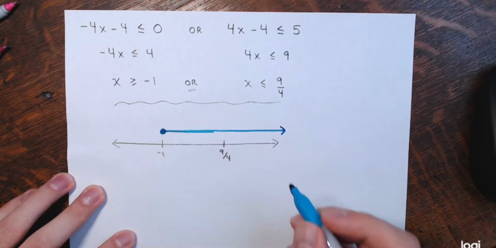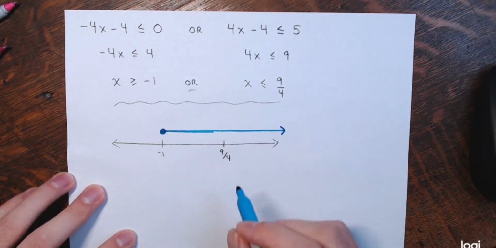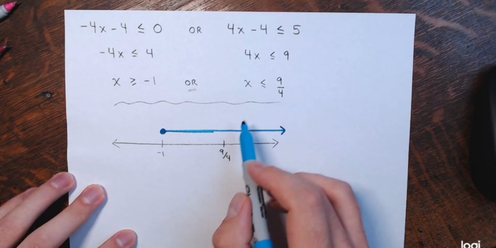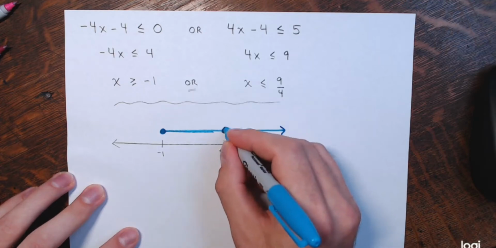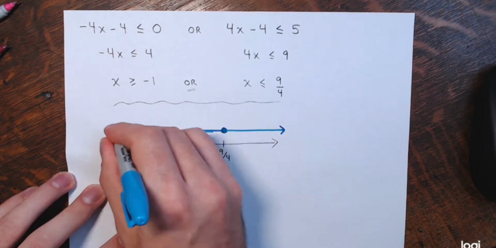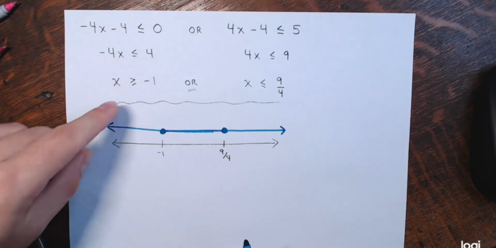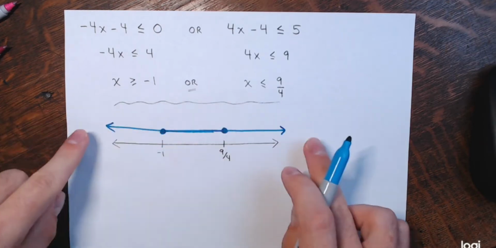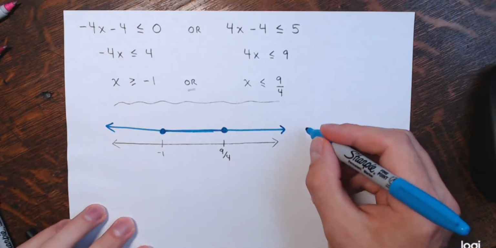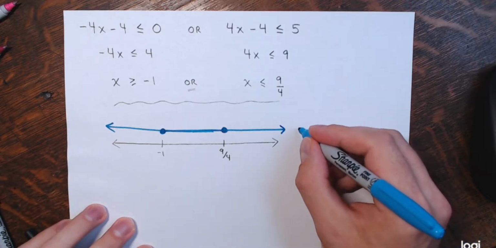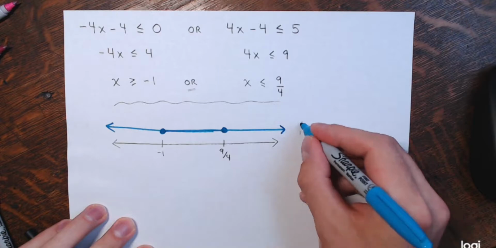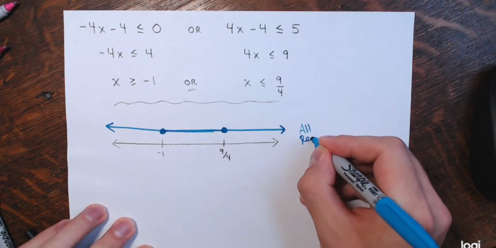They satisfy the first one. Also, the numbers less than or equal to +9/4. That's these numbers, and to the left of 9/4. And look at that. When you put these together, that encompasses everything. So like an earlier example I did in this video, we're seeing that every number, all real numbers, are solutions.